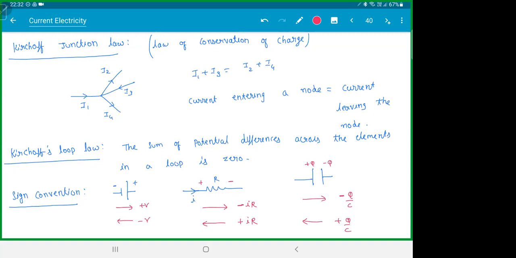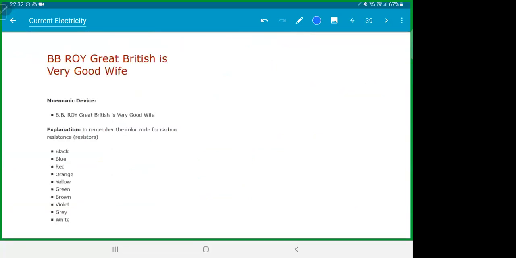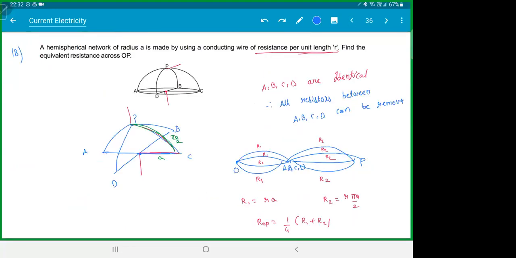Let's see a problem on that. You'll get the sign convention. Let's see one question, get the hang of it. Let's say we have a battery, a resistor, and a capacitor.